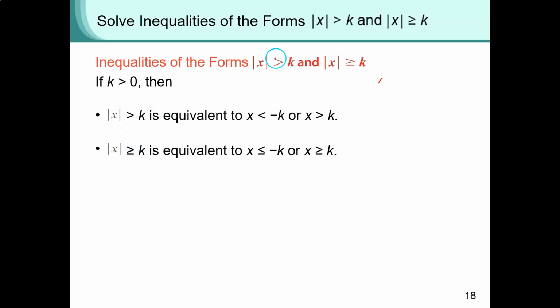So when the absolute value of x is greater than k, we rewrite it into x is greater than k, or x is less than negative k. When the absolute value of x is greater or equal than k, you rewrite it into x greater or equal than k, or x less or equal than negative k.